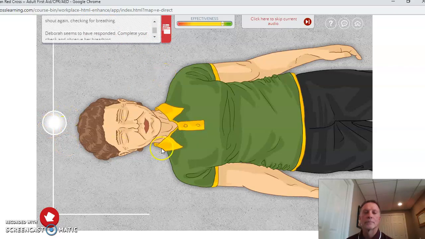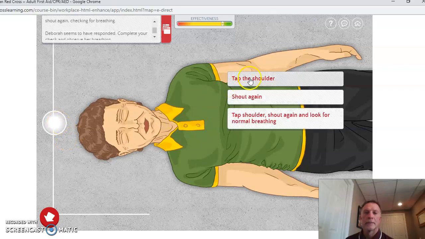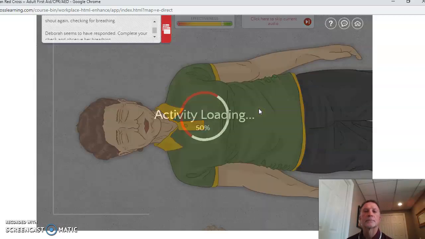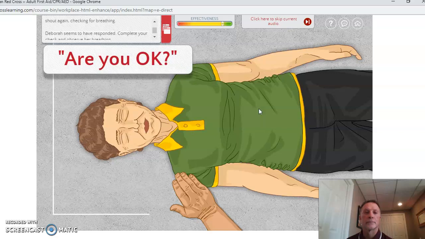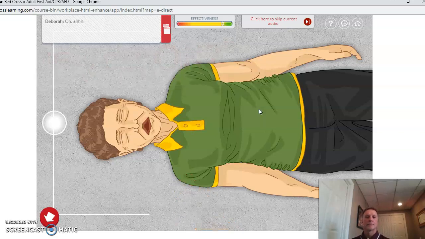Deborah seems to have responded. Complete your check and observe her breathing. Okay, tap the shoulder, shout again, and look for normal breathing. Are you okay? Deborah seems responsive, and her breathing is normalizing.